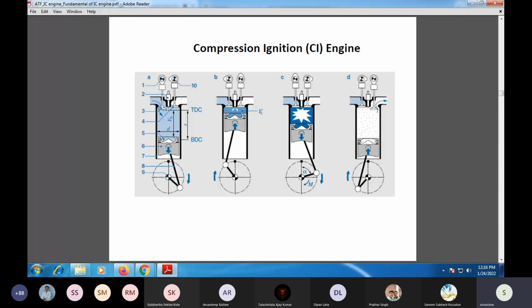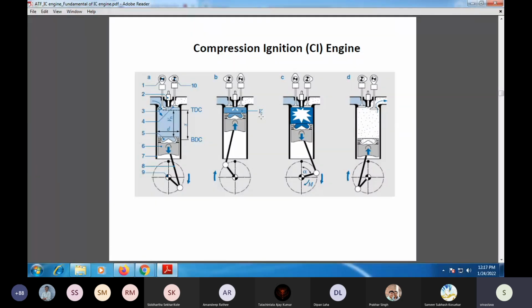Total volume is the summation of the displacement volume plus clearance volume. So how do I define the compression ratio? The compression ratio is the ratio of the total volume divided by the clearance volume. That is called compression ratio, represented by r. So the compression ratio of the diesel engine is very high.